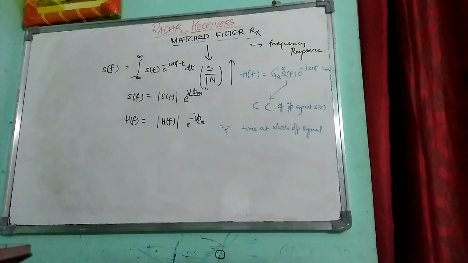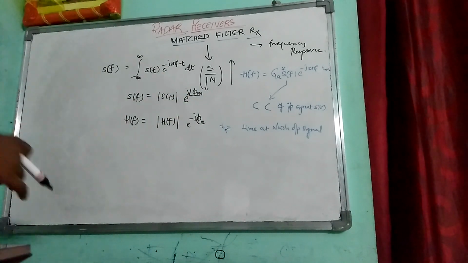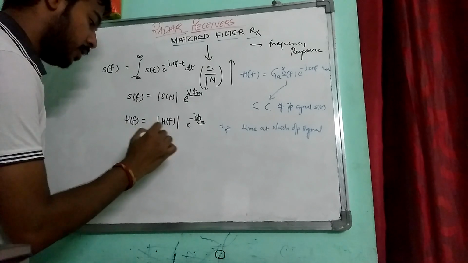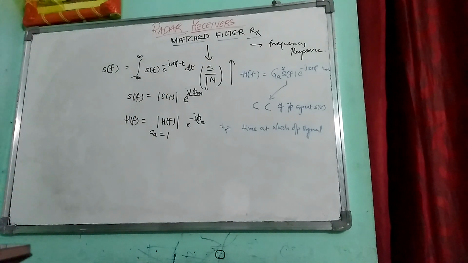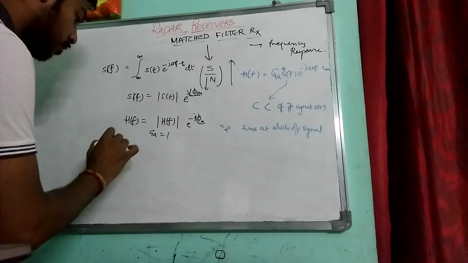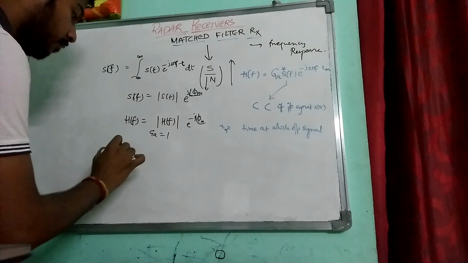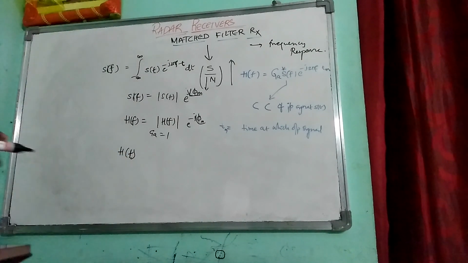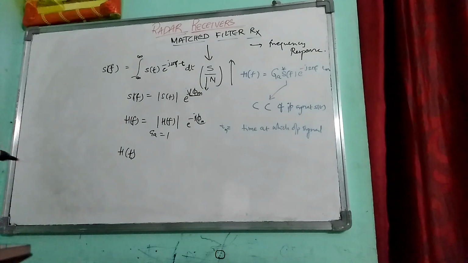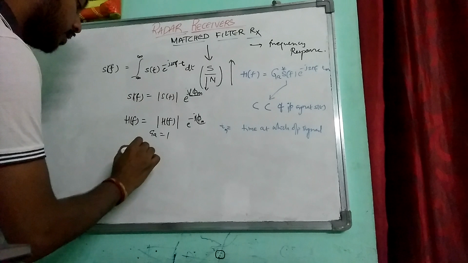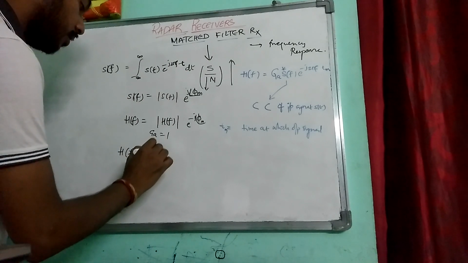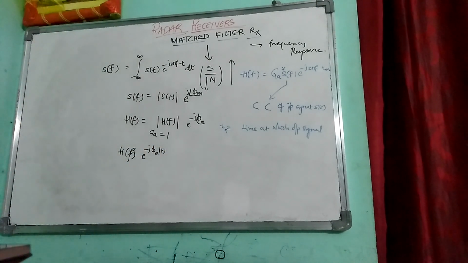Now for this, let us consider G_a equal to 1. Then on the right hand side we have H of f, which is given by the magnitude of H of f multiplied with e power minus j phi_m.